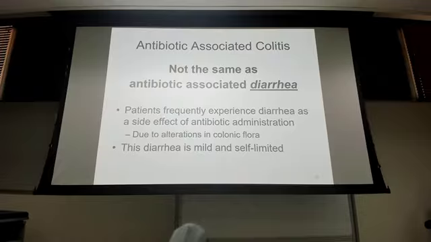But true colitis from C. diff, CDI, Clostridium difficile infection, is a true colitis, and we're talking about the differences, right? Just antibiotic-associated diarrhea does not equal CDI. It's routine diarrhea from an antibiotic. And then we'll talk about what sets that apart from CDI.